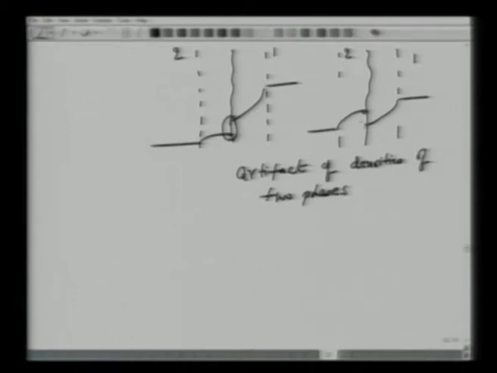These two are the equilibrium interfacial concentrations between the two phases, here and here. Now whether it's larger or smaller, it's just an artifact of the densities of the two phases, so let's not worry about that. Okay, it's possible. So in this case, we still have diffusion from right to left.